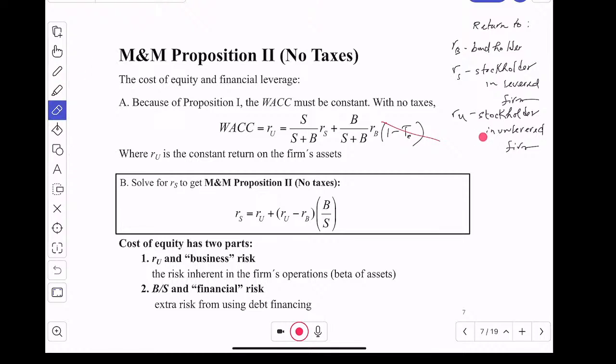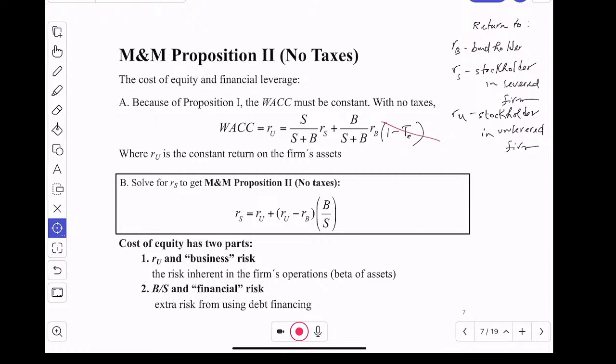I probably should make this bigger. This is really important, or you're not going to be able to follow. So these are all the players. Bondholder, stockholder in the levered firm, the stockholder in the unlevered firm.